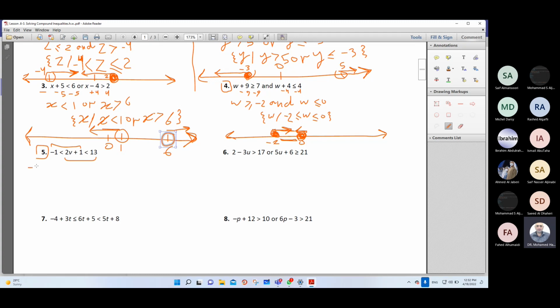We can write the first inequality: minus 1 less than 2v plus 1, and the second part, 2v plus 1 less than 13. So I want you now to solve the first inequality, the second inequality, write the set of the solution, then graph this inequality.